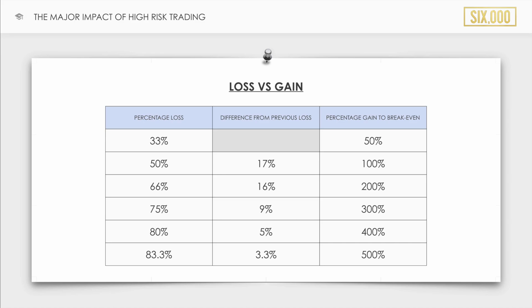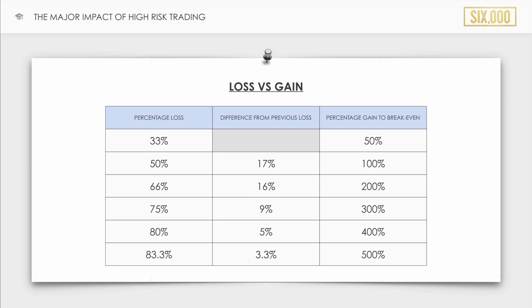Now let's take the left hand side for example. We have percentage loss, a 33% loss on your account. Let's say you have $10,000, so you lose one third of your account. To regain the money you have just lost, you would need to grow your account by 50%.